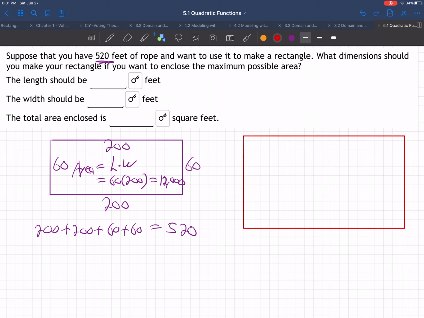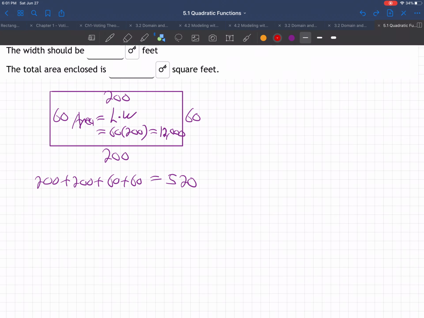Well, that looks just as wide as the last one. That can't be, huh? Let's make it a little taller, and not quite as wide. Kind of like that. A little more squarish. It's a little taller, but not as wide. So we're still using the same amount of rope.